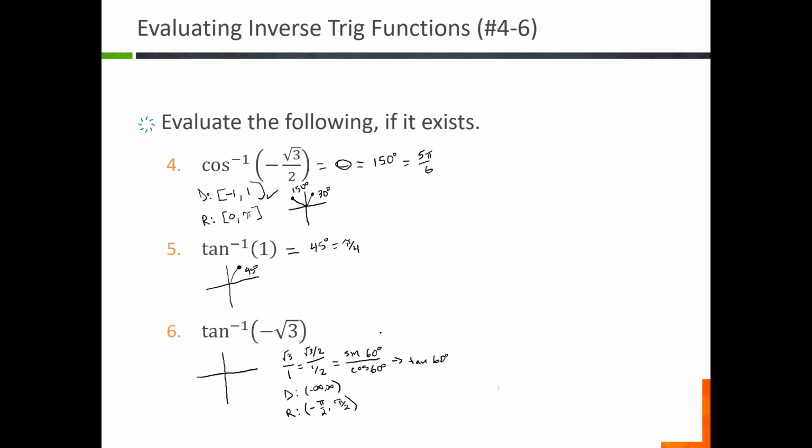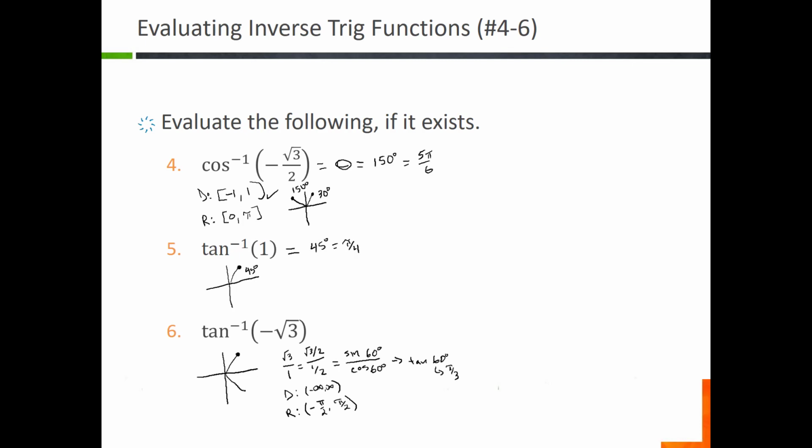Okay, so I have a 60-degree angle, which you could think of as pi over 3. So I have a pi over 3 angle, which would be if it's a positive root 3. So what changes if it's now a negative root 3? A positive 60-degree angle is here in the first quadrant.